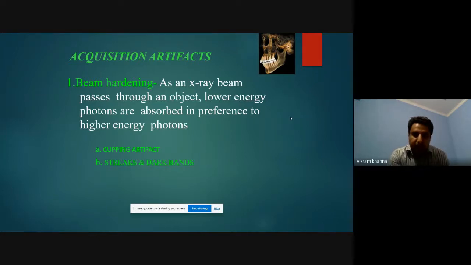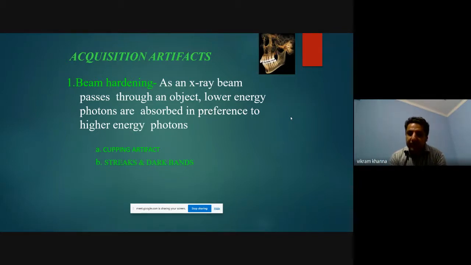What is beam hardening? Beam hardening is something like, while traveling of X-rays to the patient, if X-ray beams encounter a heavily restored tooth, all the low energy radiation will be absorbed by that filling. Then all the high energy X-ray beams get out of it and cast an image on the detector.